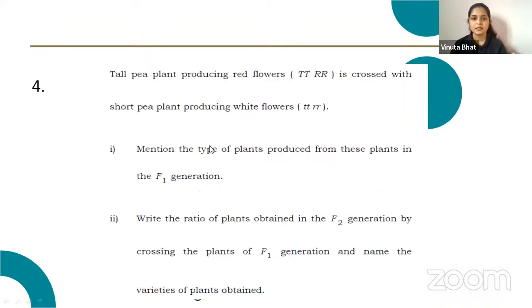The question continues: write the ratio of the plants obtained in the F2 generation by crossing the F1 plants, and name the varieties of the plants obtained. How is the F2 generation obtained? The F1 plants, capital T small t capital R small r, are crossed with capital T small t capital R small r.